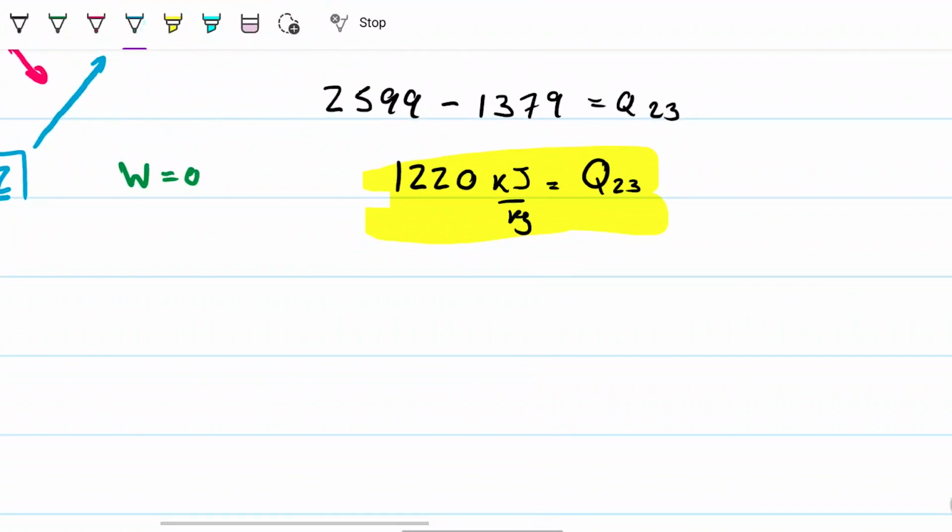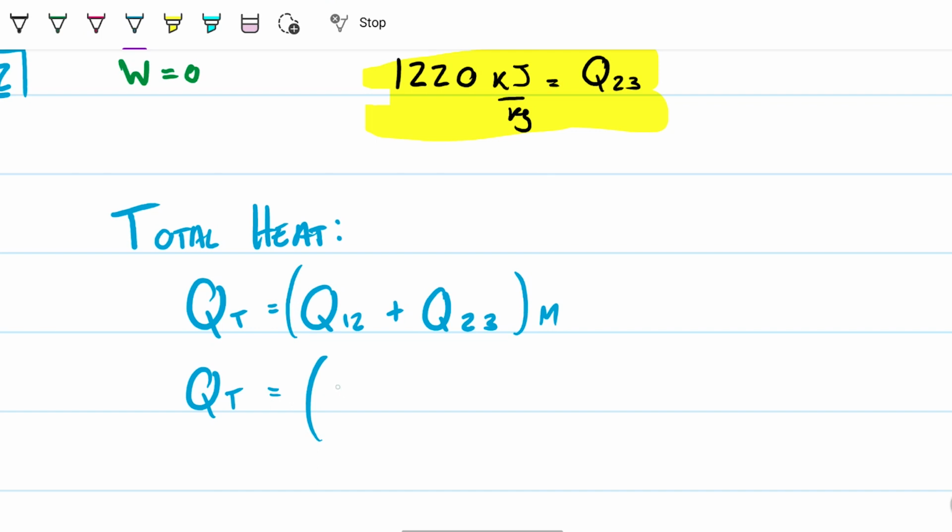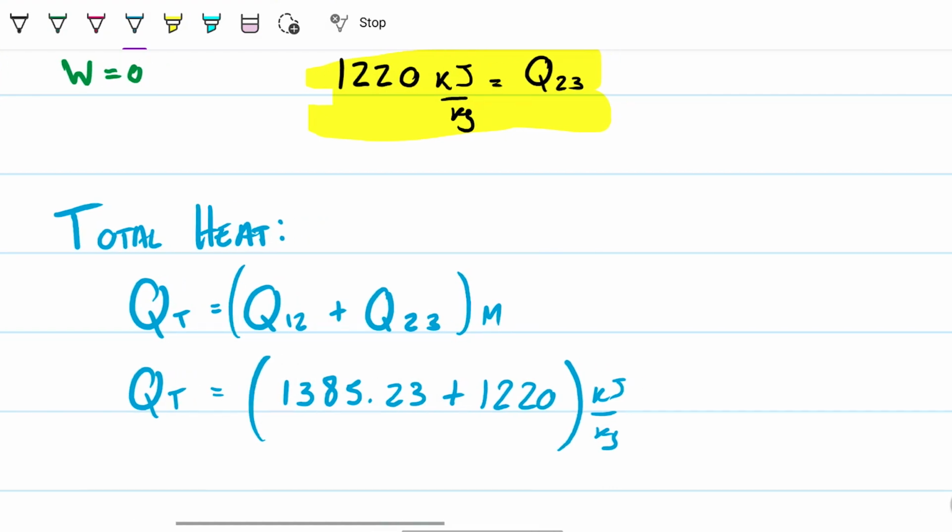Okay, so total heat is 1385.23 plus 1220, both in kilojoules per kilograms, multiplied by 5 kilograms.